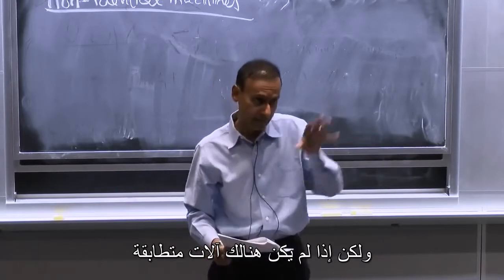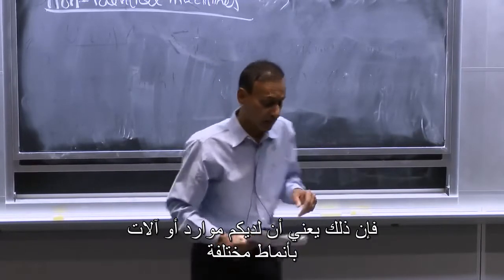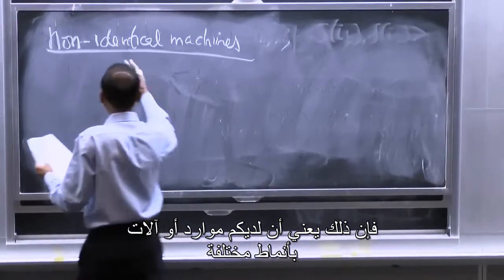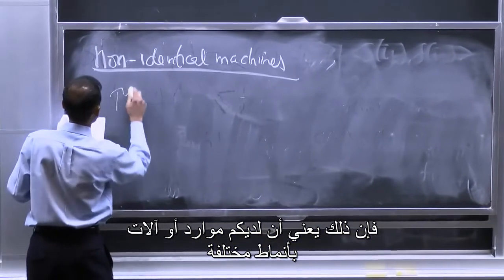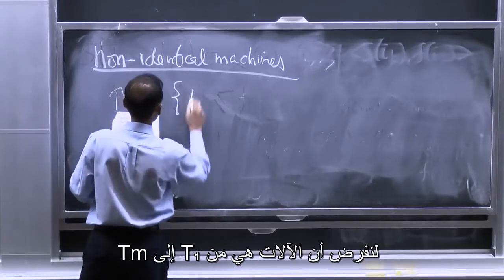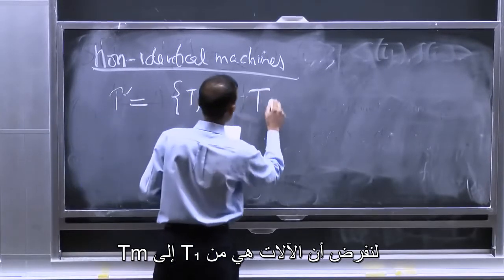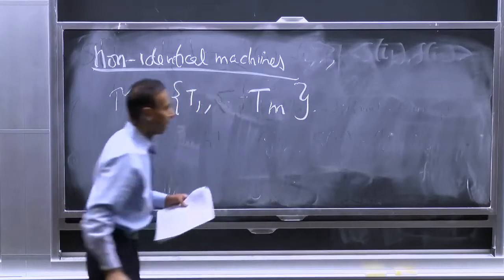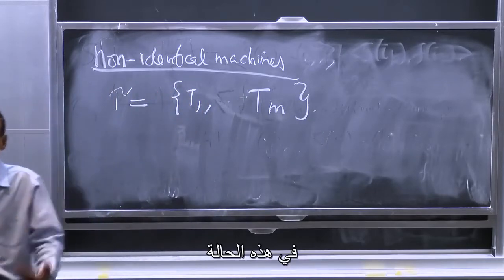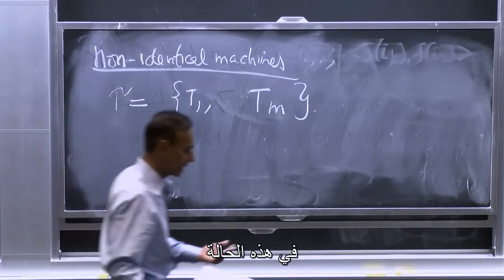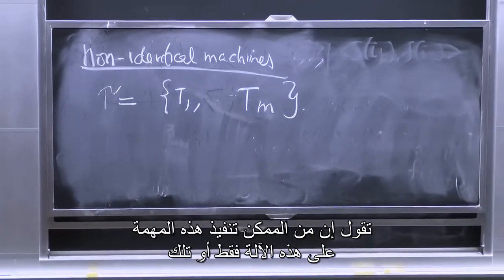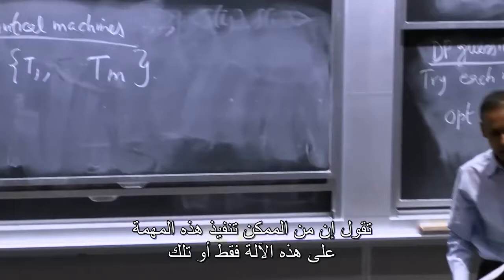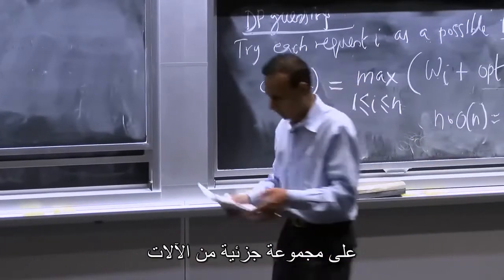But if you have non-identical machines, what that means is you have resources or machines that have different types. So maybe your machines are T1 to TM, okay? And it's essentially a situation where you say this particular task can only be run on this machine or this other machine, some subset of machines.